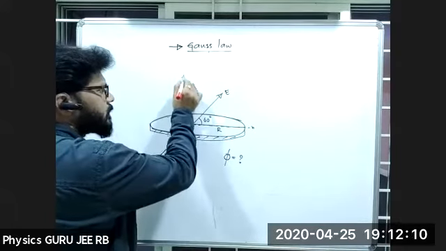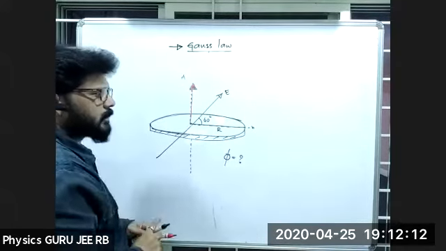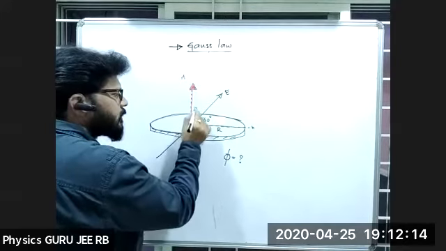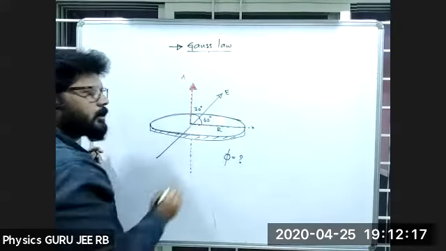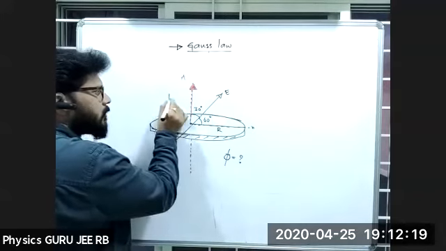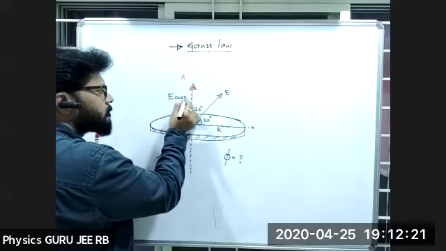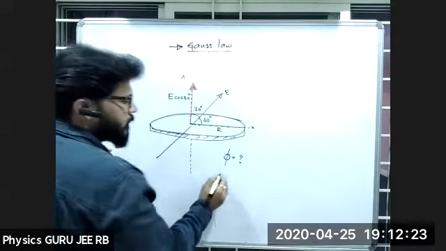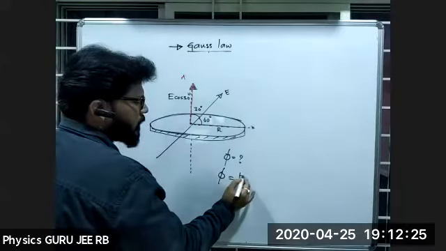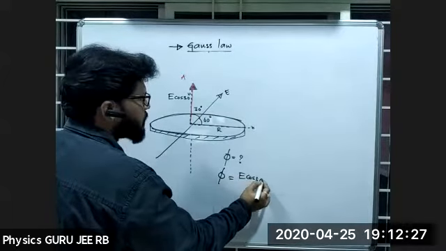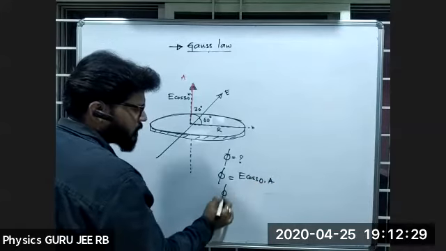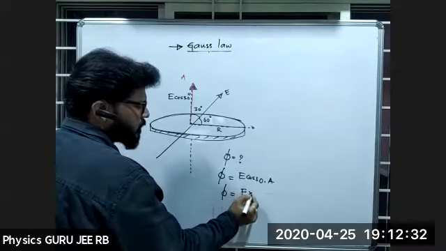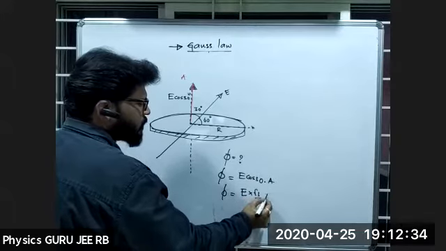The area vector, the component along this direction, will be 30 degrees. So the component along this direction is E cos 30 degrees. That means flux is equal to E cos 30 degrees into A. Cos 30 is root 3 by 2, into area.